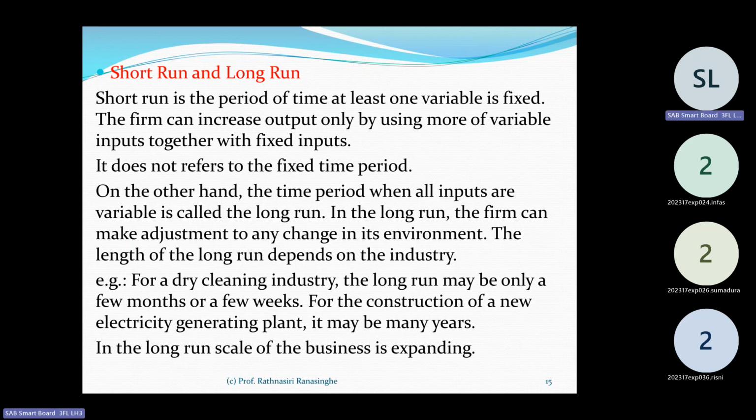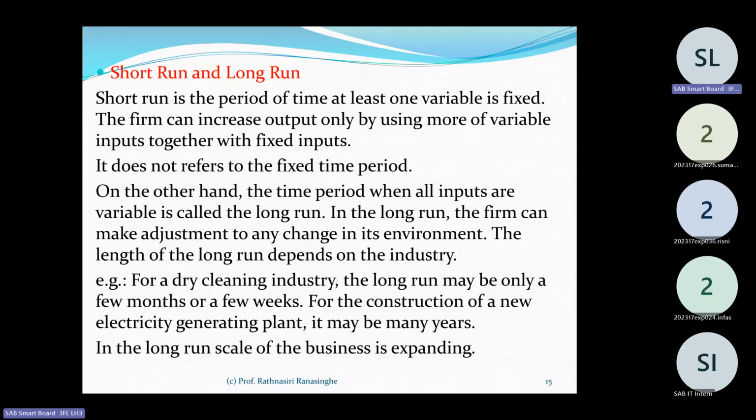Since we incorporate more and more labor, keeping the capital constant, the extra output generated by adding extra labor inputs always diminishes. That means the marginal productivity of labor diminishes. So there is a diminishing marginal productivity of labor.